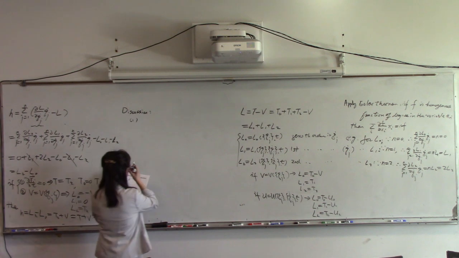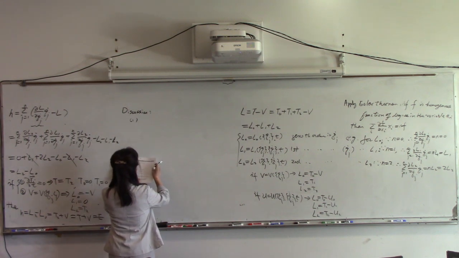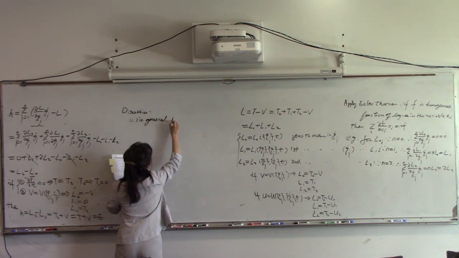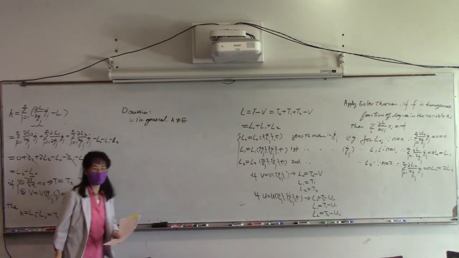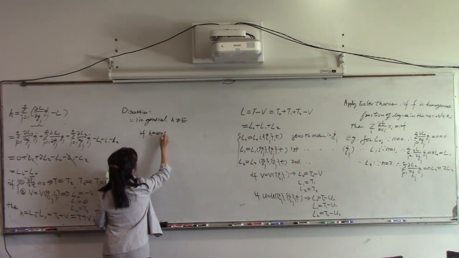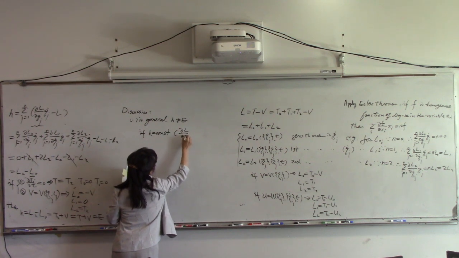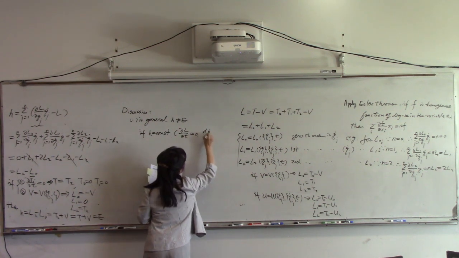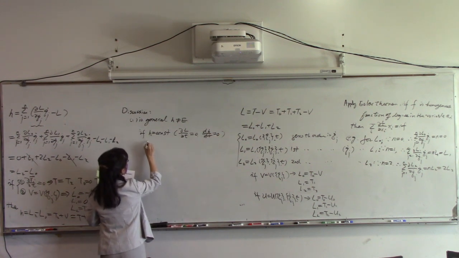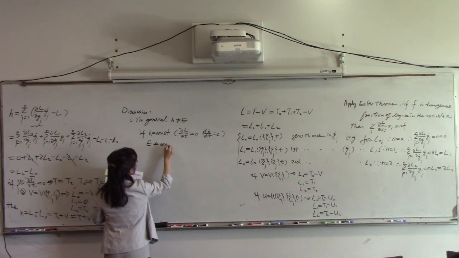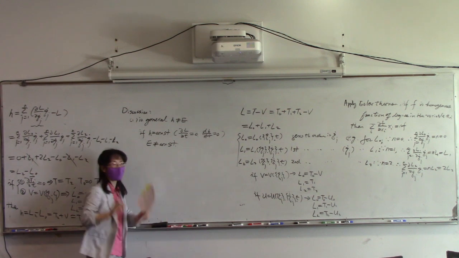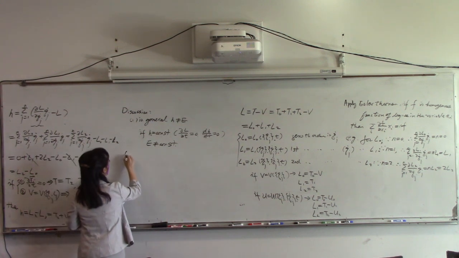First, be careful: in general, H does not equal E. If H is constant, that means partial L over partial t equals 0, so dH/dt equals 0. It does not mean energy is conserved. The energy function is conserved, but that does not mean energy is conserved. We need to double check. That is the first issue to be careful about.